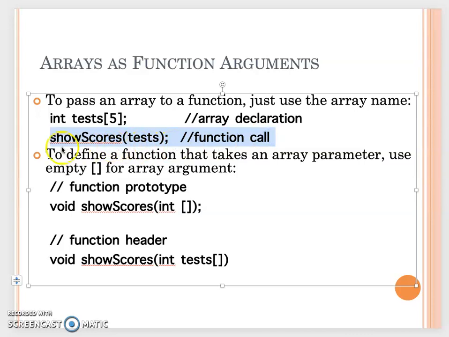In order to define and declare this function to accept an integer array, we need to write the function prototype like this. Since the show scores function has no return value, the return type will be void, and the function name is show scores. In the function prototype, you need to specify the parameter data type.